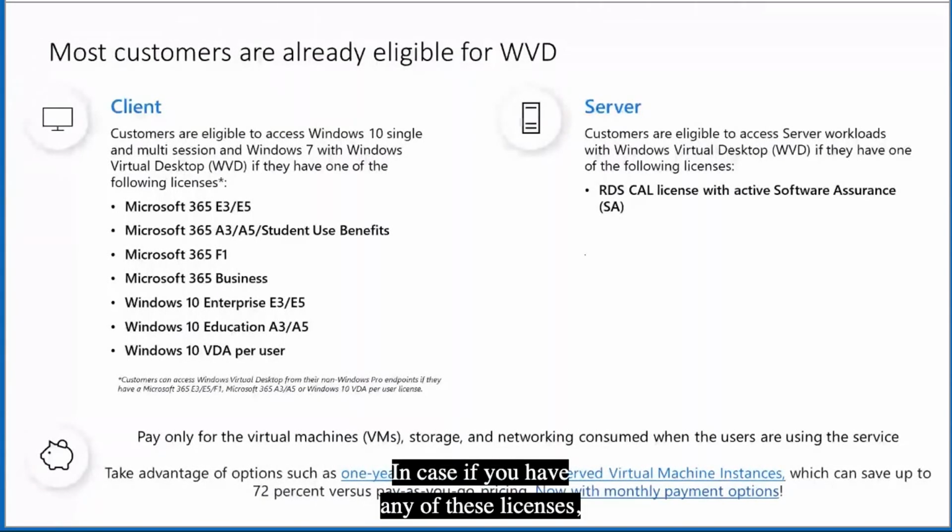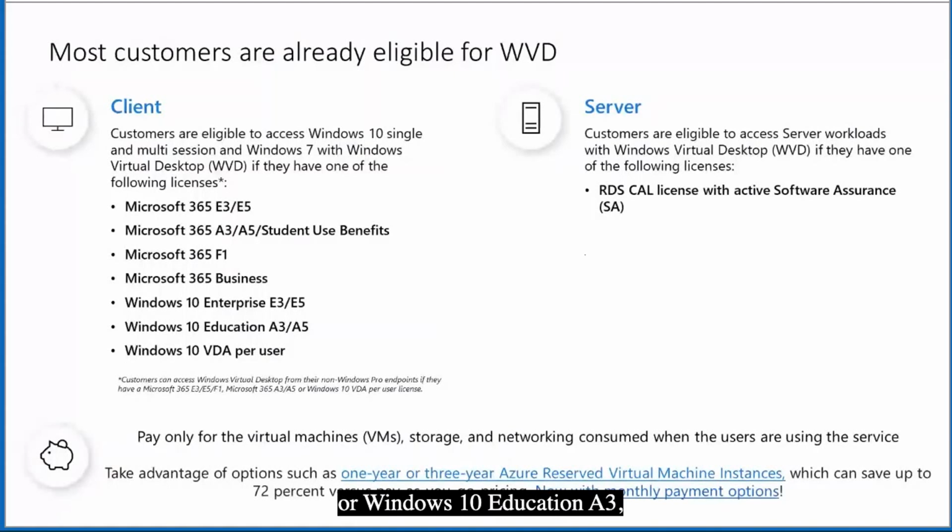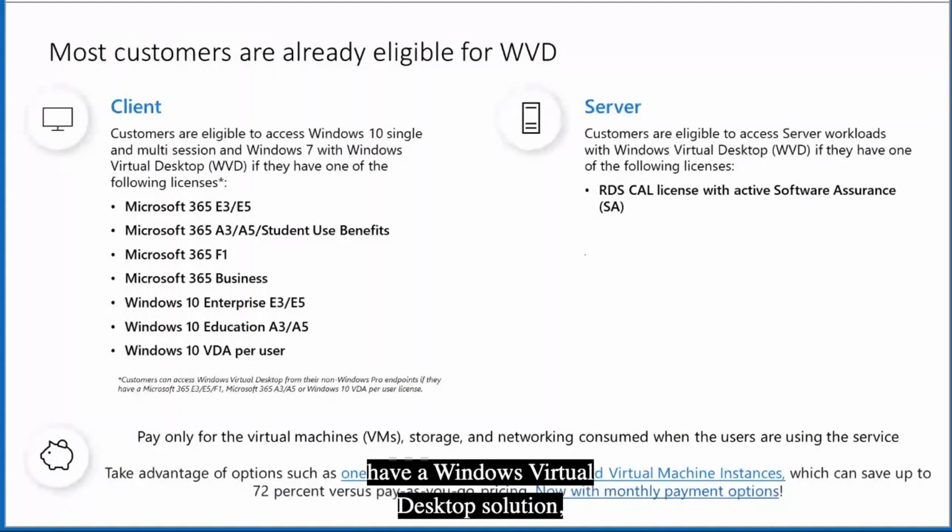If you have any of these licenses, Microsoft 365 E3, Windows 10 Enterprise E3, Windows 10 Education E3, or Windows 10 VDA per user, you are already eligible to have a Windows Virtual Desktop solution. No other licensing is required other than what you are seeing here.